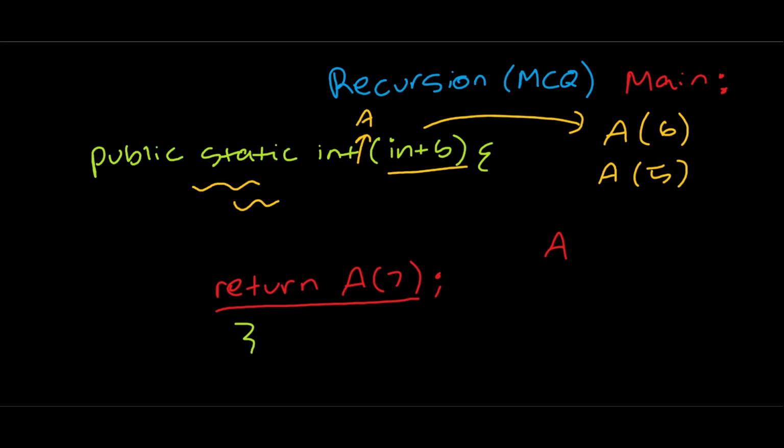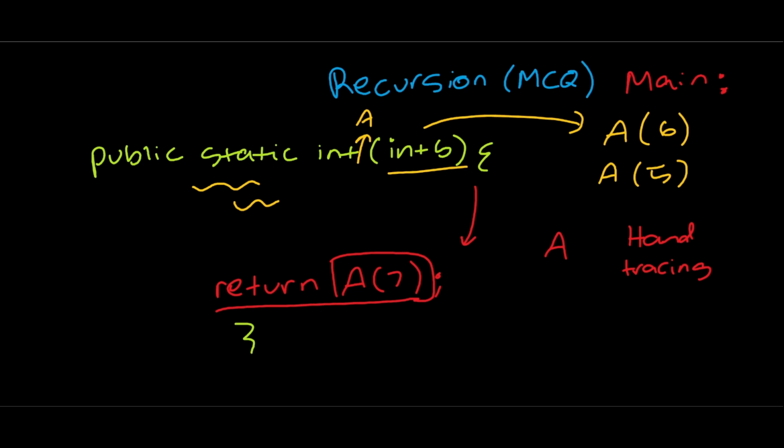And in order to solve these MCQ questions, we're going to use something called hand tracing, which is one of the better strategies to use when solving recursion questions. Essentially, this method could technically go on and on forever, because you're just going to keep calling A over and over here without any sort of stopping.